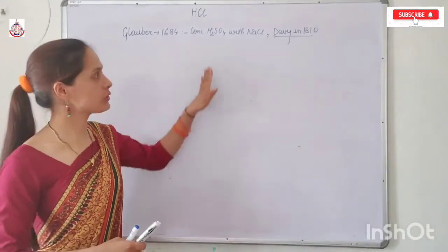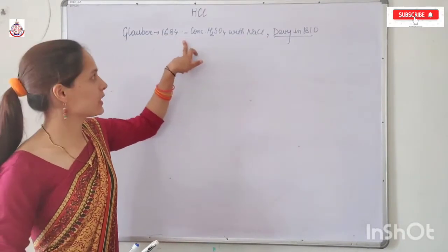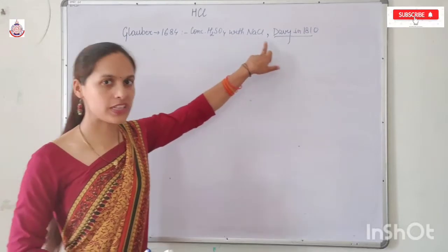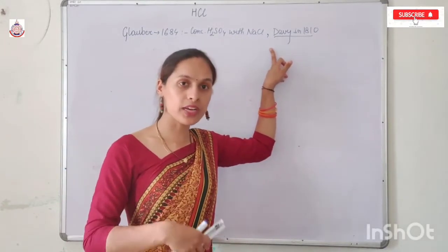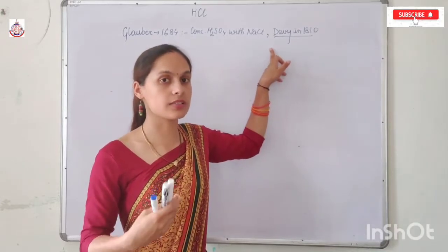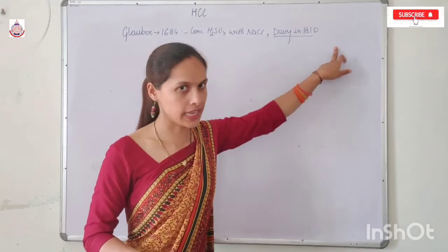So HCl was prepared by Glauber in 1684 by treating concentrated H2SO4 with NaCl, but its real nature and the components of HCl were shown by Davy in 1810.